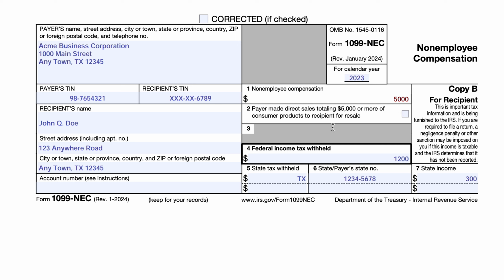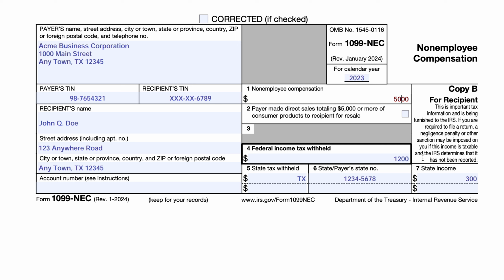Box 3 is reserved for future use, and then Box 4 is the amount of federal income tax withheld. This would be zero unless you're subject to backup withholding rules. If you're subject to backup withholding rules, it's because you did not provide your taxpayer ID number to your employer.